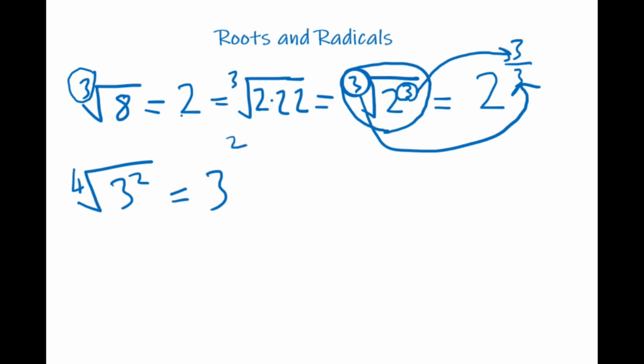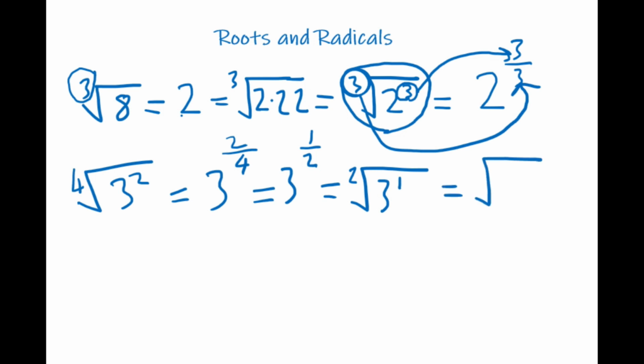This is gonna be equal to 3 to the power of 2 divided by 4. If you simplify this fraction, it's gonna be 3 to the power of 1 divided by 2. So this is the square root of 3 to the power of 1, which is actually the square root of 3.